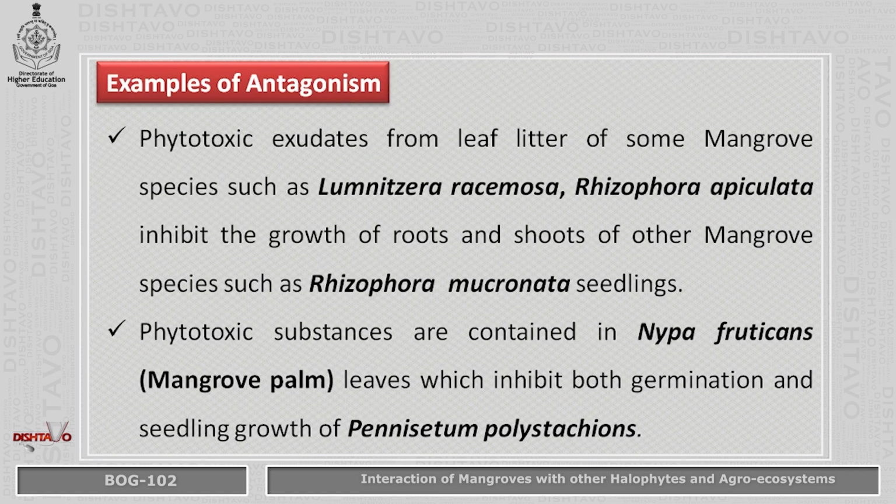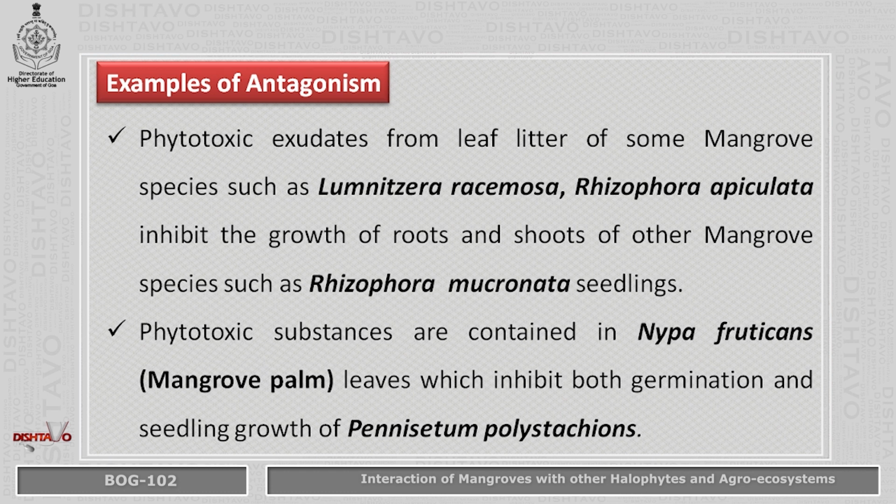Let us learn antagonism with the help of examples. The first example is phytotoxic exudates from leaf litter of some mangrove species such as Lumnitzera racemosa and Rhizophora apiculata, which inhibit the growth of roots and shoots of other mangrove species such as Rhizophora mucronata seedlings.